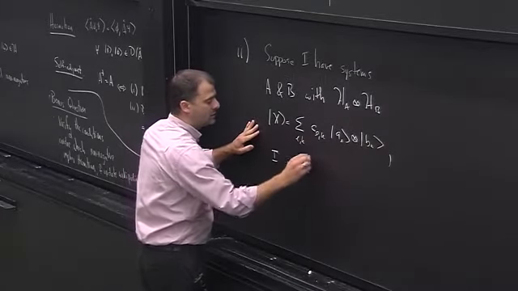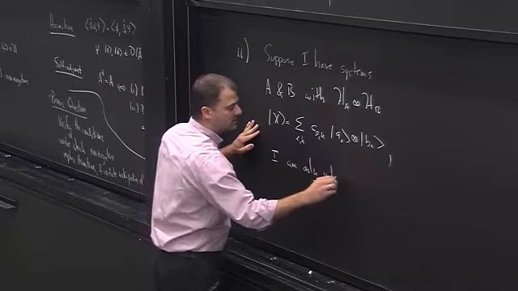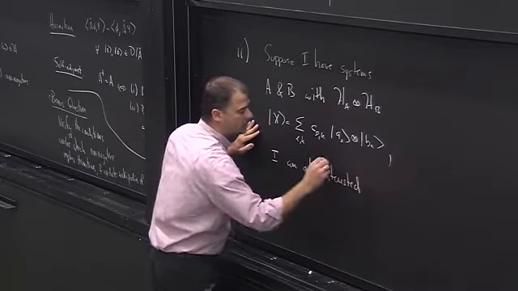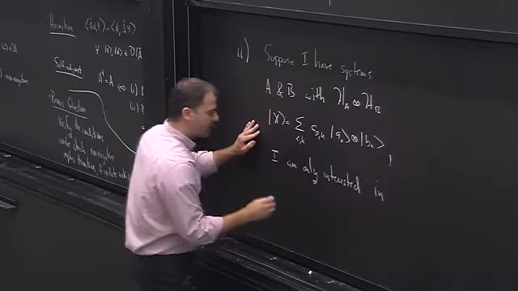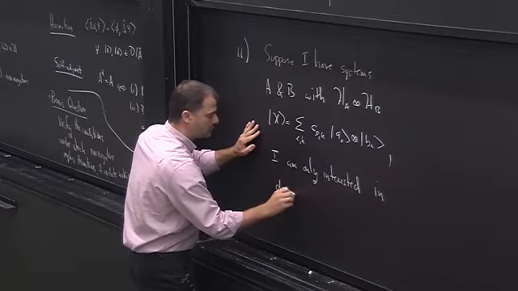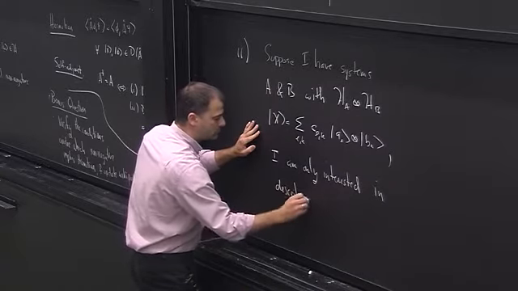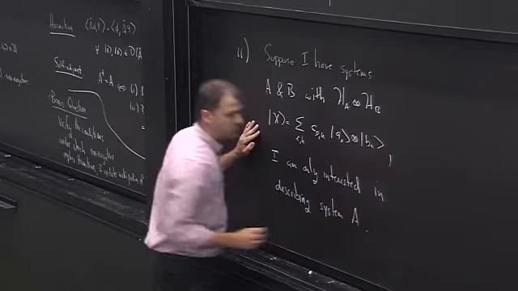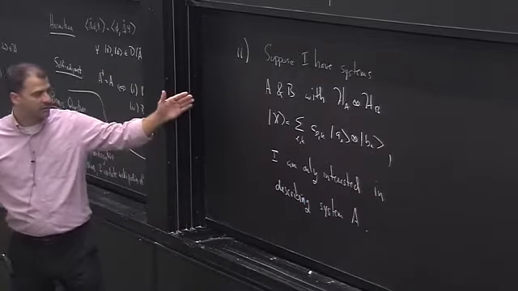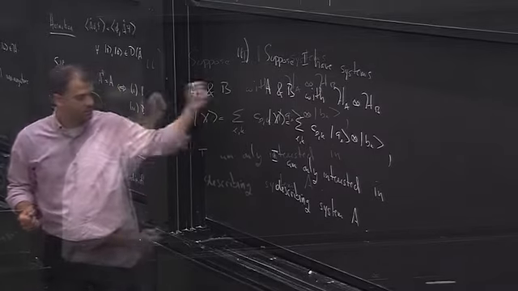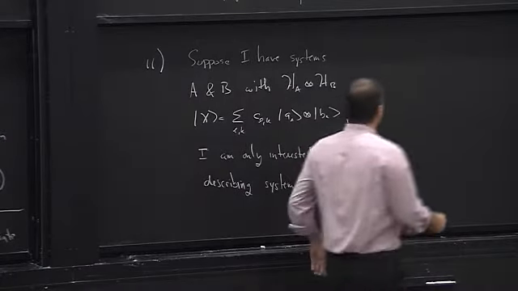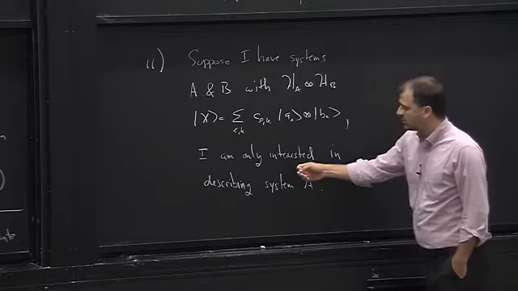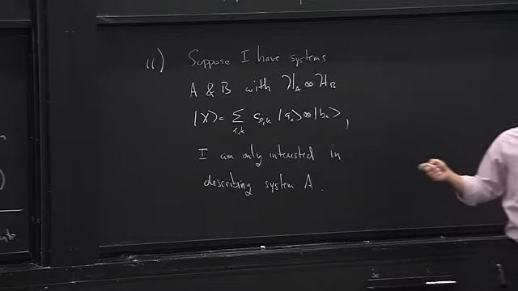I am only interested in describing system A. Okay? So I have half of an interacting system, and I just want to describe that half. So basically, what does it mean that I'm only interested in system A?